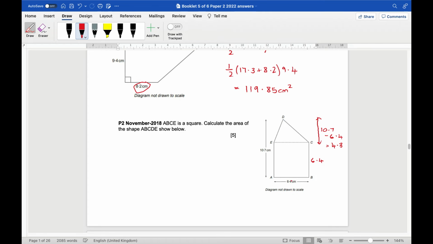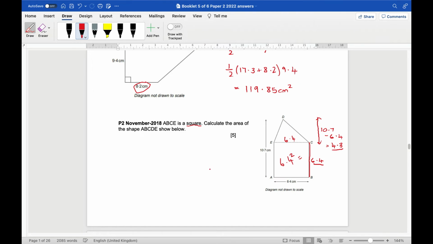the square, well, if the length of the square is 6.4, and we know it's a square because it says, then the width is also 6.4. So that's 6.4 squared. That's the area of that. The triangle, well, the base is 6.4, but what is the height? Well, if the total height of this shape is 10.7, but this bit of it is 6.4, what I've done is 10.7 take away 6.4 to give me 4.3.